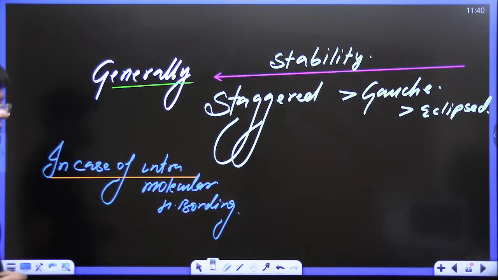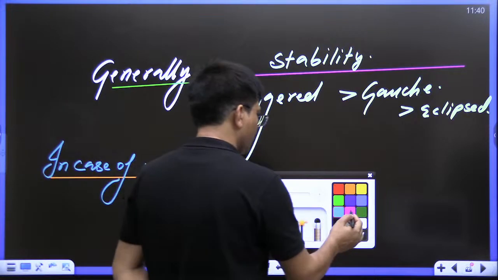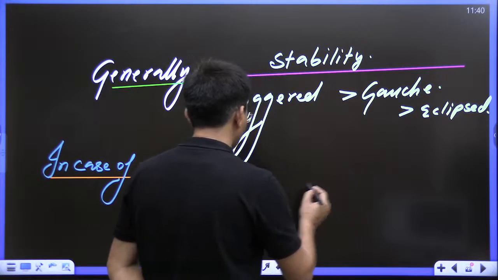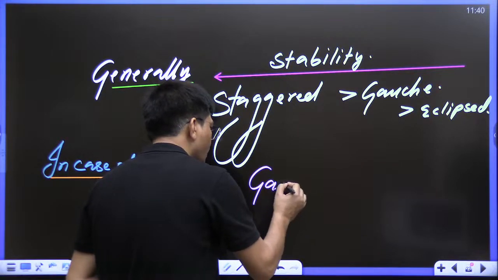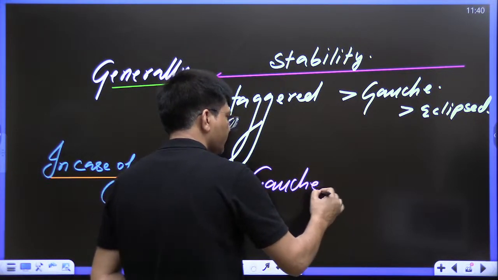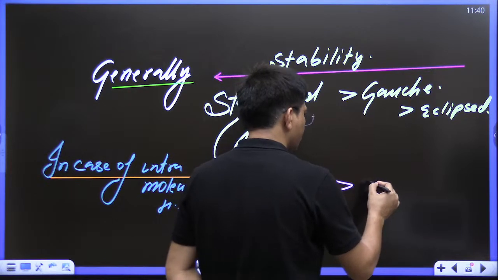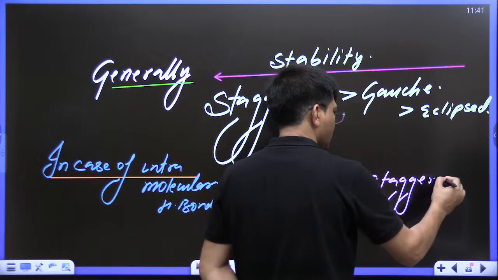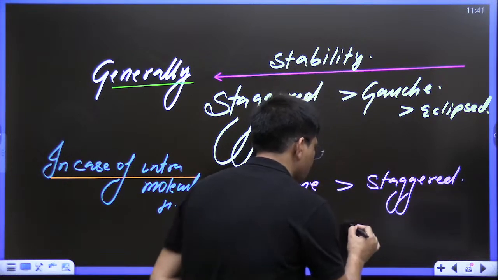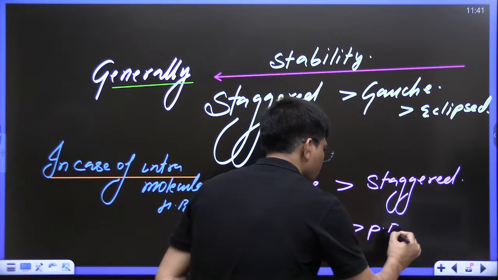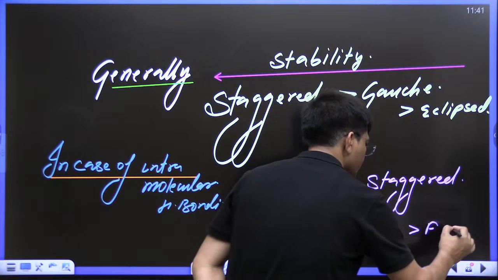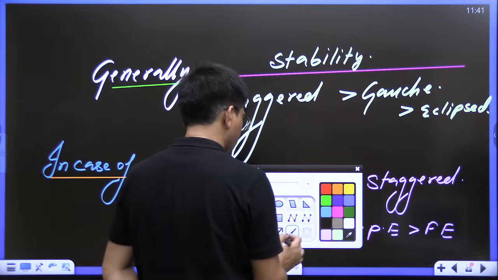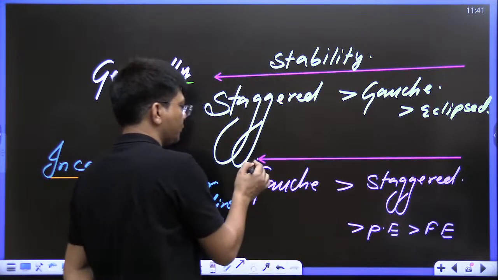Do let me know what you are going to say. Do remember what I am going to tell you, that is going to play a very, very important role. Gauche will be more stable than staggered, then partially eclipsed, then fully eclipsed. This is going to be the stability order, kids. Always we have to follow it.